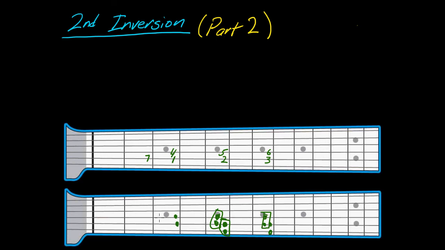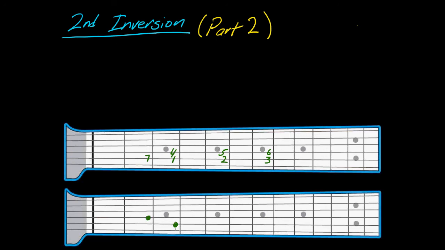And I want to show you why this is true and how I get this. So let's go back to the 1 chord. You remember 1 is a major. And the way we did this in the past lessons is first we found the root, then we found the third, and a 1 chord is a major chord, so you're going to play a major third, which is this pattern.